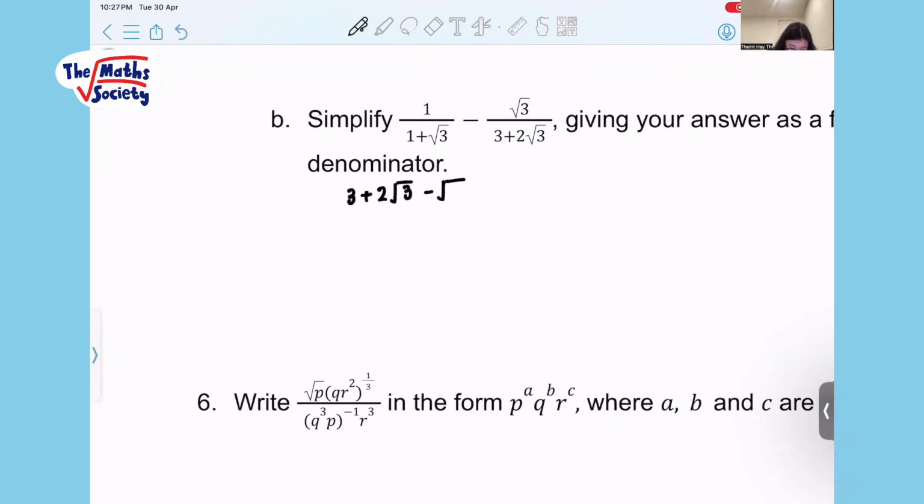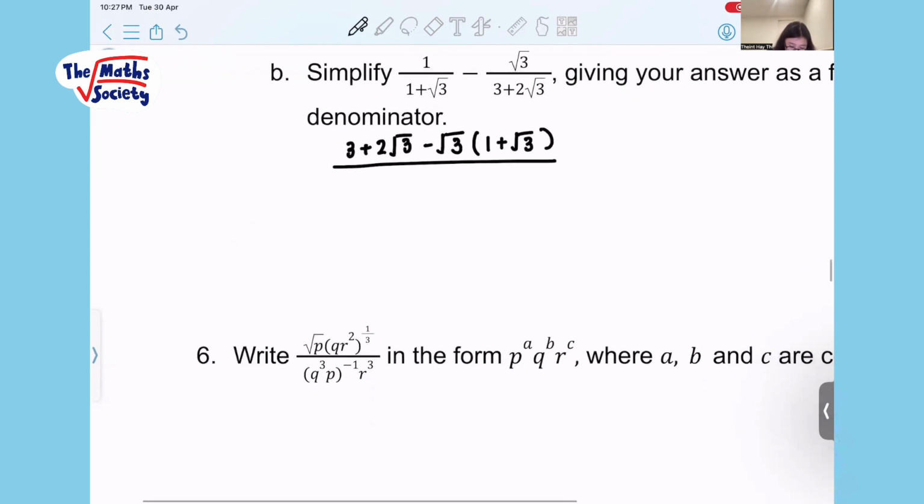Is minus root 3. And then 1 plus root 3. And then you just multiply the 2 things, which is 1 plus root 3 and the 3 plus 2 root 3.